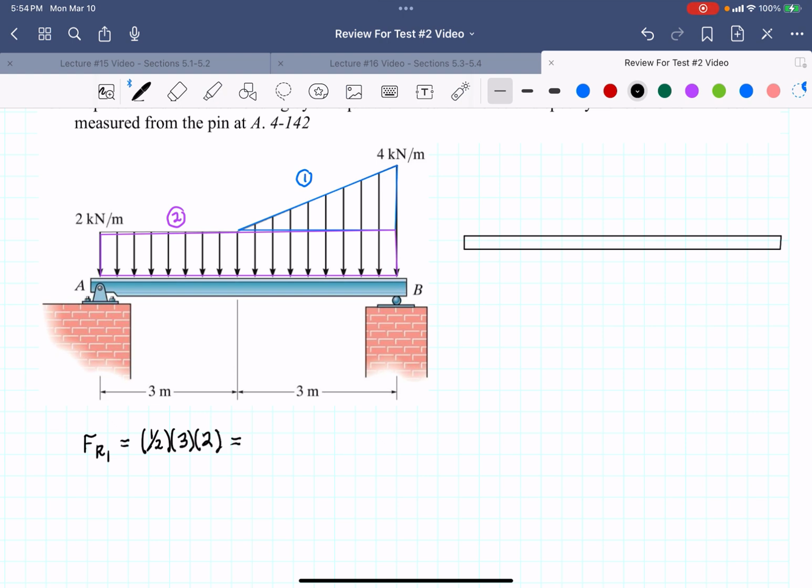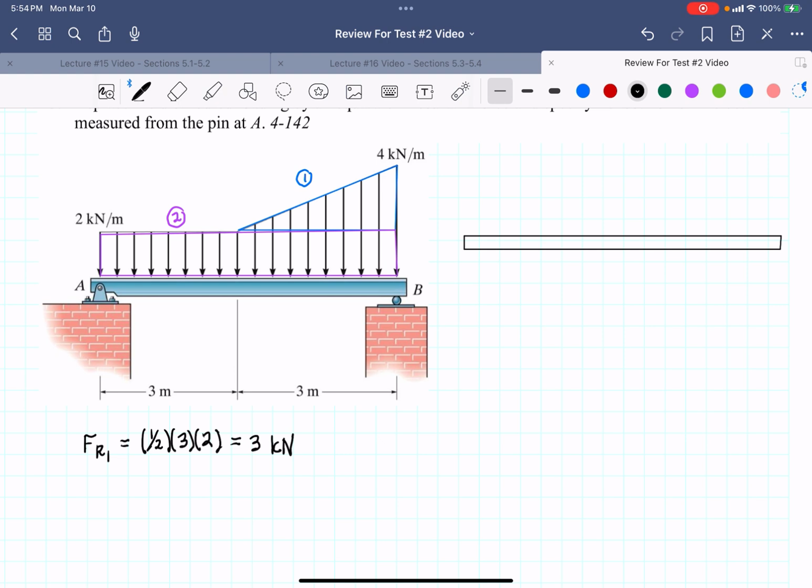That's 2 because it's 4 minus 2, in case you were wondering. It's 4 total, but then 2 is part of our rectangle. So that's going to give me a total of 3 kilonewtons.